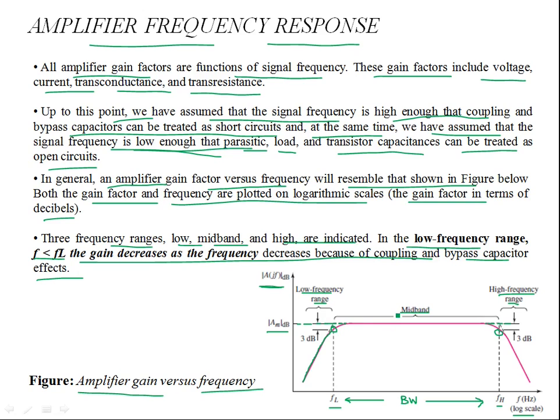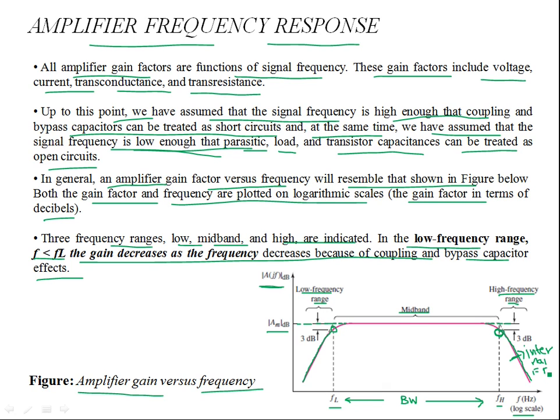But for high frequency, as the frequency increases, the midband gain falls 3 dB below. At this point, the decrease in response is due to the internal capacitances of the transistor. So let's write this as the internal transistor, internal FET capacitances.